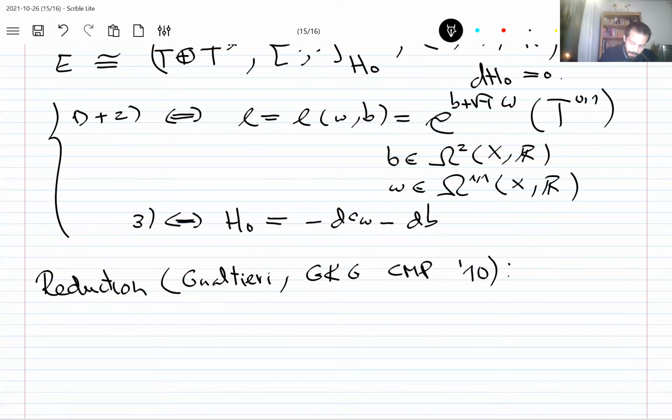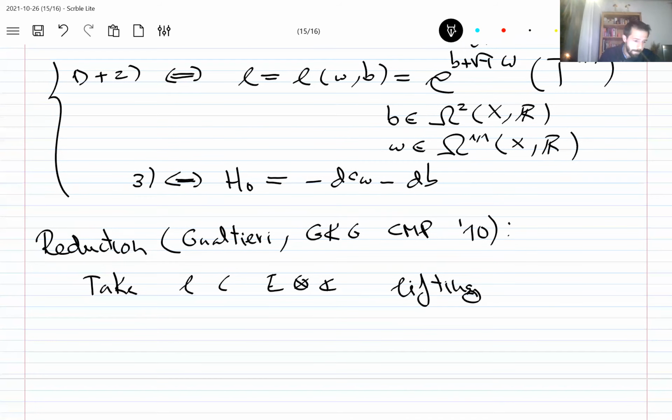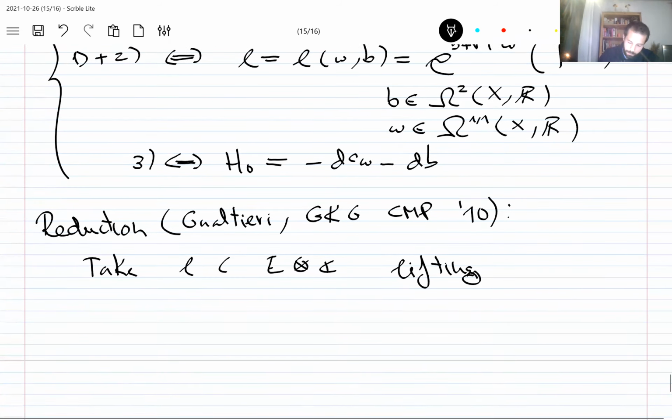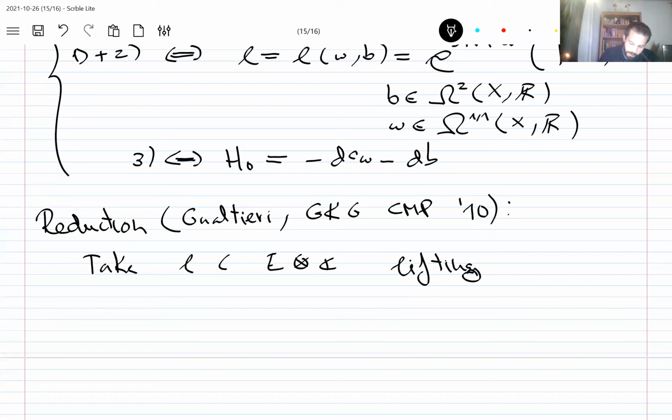So we take an L as before, a lifting, and then what we do is define the orthogonal bundle. A priori, this is only a smooth Q, L given by the orthogonal to L quotiented by L. Okay, so L perp is the orthogonal complement.